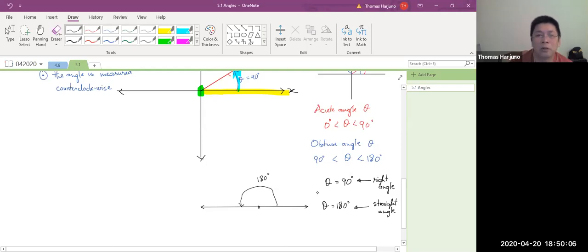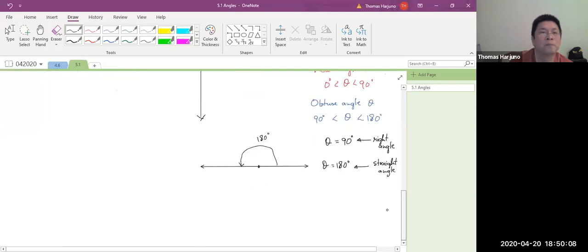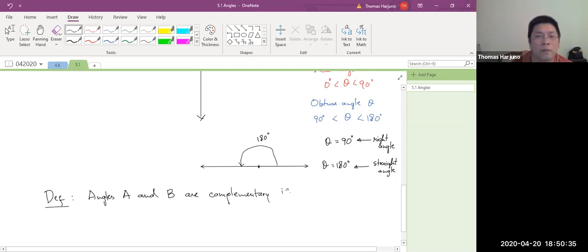Now, further terminology and definitions. Angles A and B are complementary if the sum of the angles is 90 degrees.